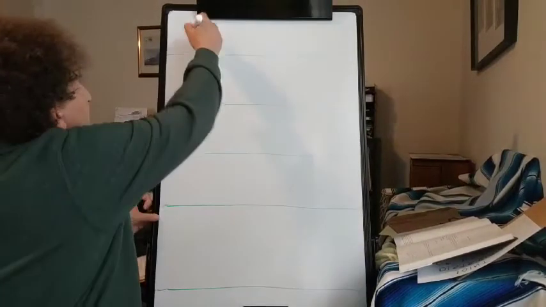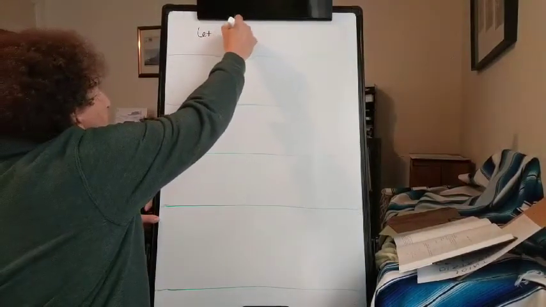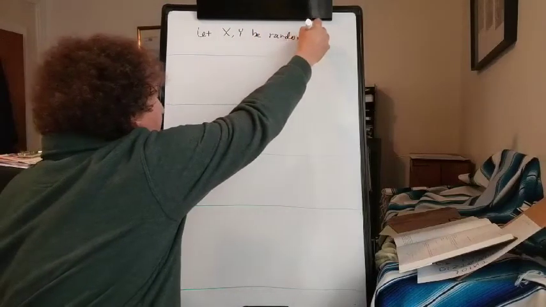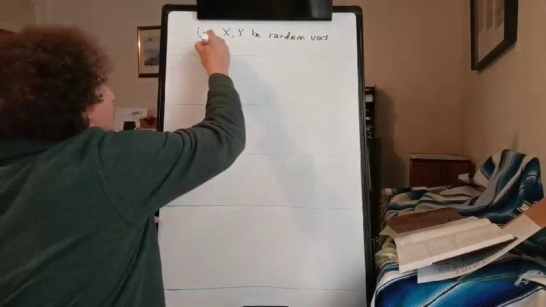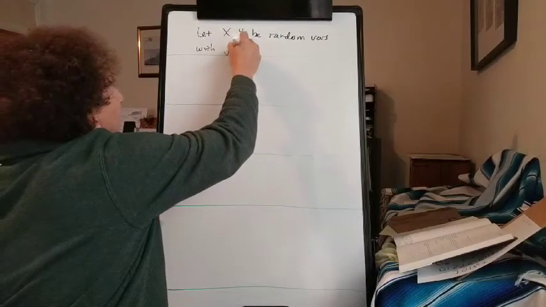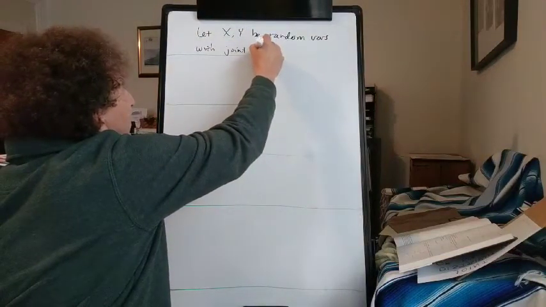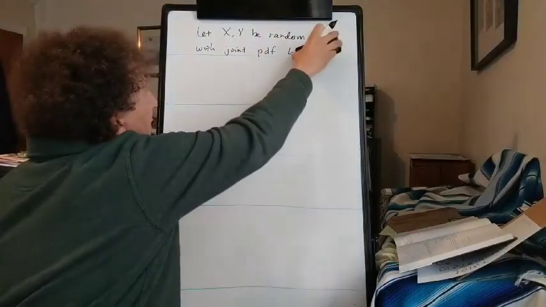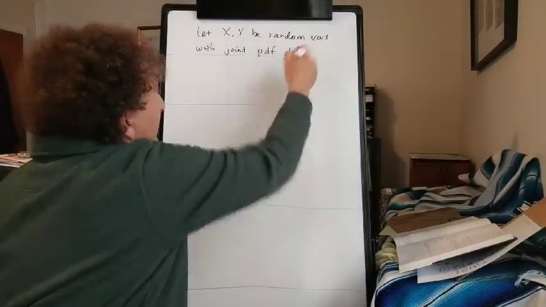So let's let x and y be random variables. And let's let their joint probability distribution function be, let's say, g of xy.